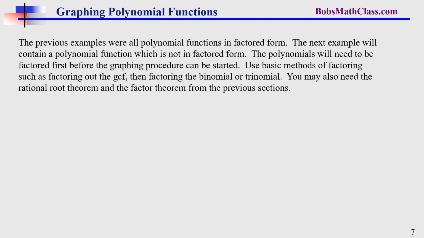So we're going to use our basic methods of factoring, such as factoring out the GCF, factoring the binomial or trinomial, or maybe we do the rational root theorem like we did in the previous sections. If you have a decent calculator, you could also let your calculator help you to factor it. Remember it tells you the zeros.